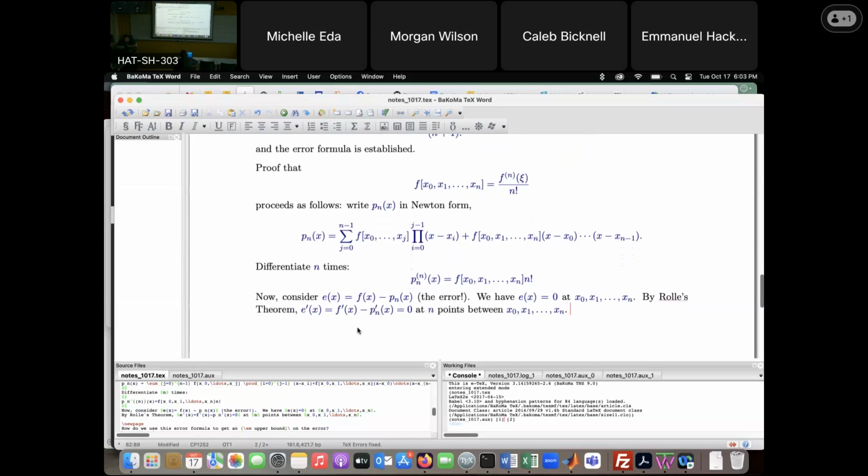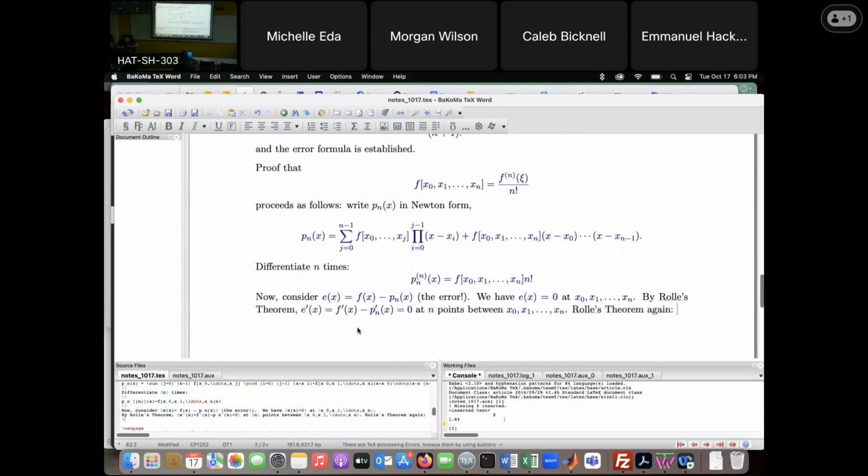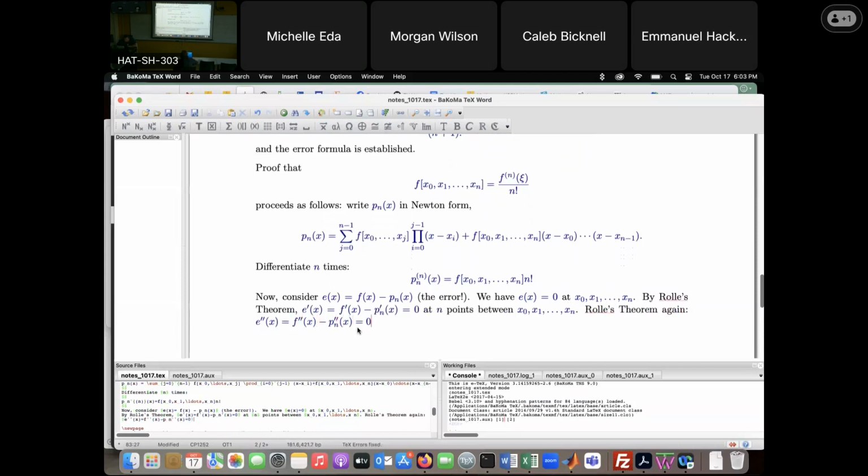Now I apply Rolle's theorem a second time. Now I have E double prime. That will be equal to 0 at n minus 1 points that lie between the roots of E prime.